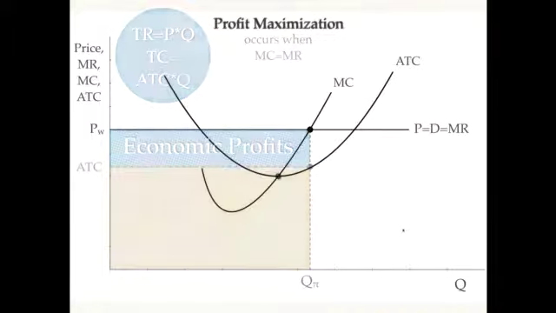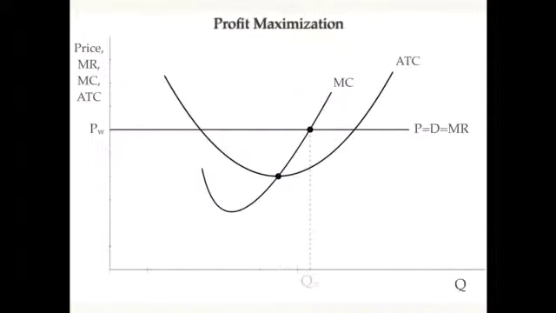So let me just illustrate a few other points that are important to understand about this. Number one, taking a look at what are the break-even points for this firm. The break-even points occur where average total cost and the price are equivalent to one another. So wherever average total cost intersects price here and here, we will have break-even points.